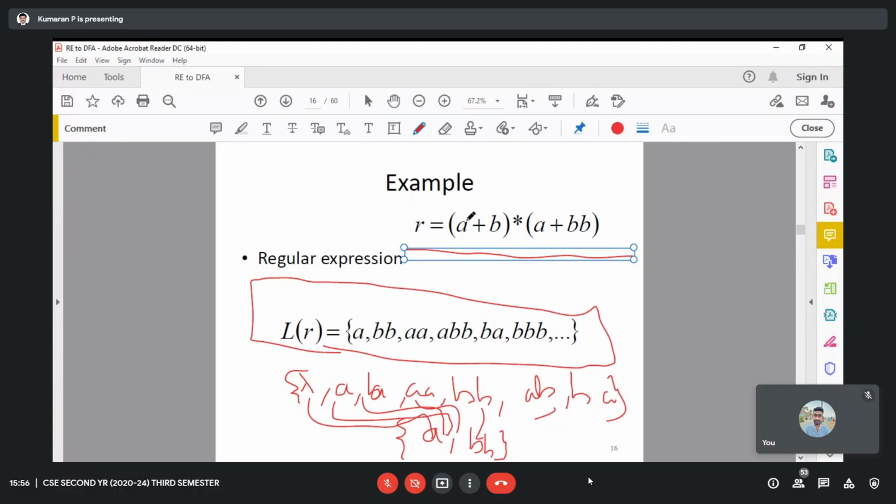Okay, here if you put lambda, this is over. And for this, at least if you take minimum 1 a, then lambda multiplied with a is small a. So the minimum accepting string of this language is small a.